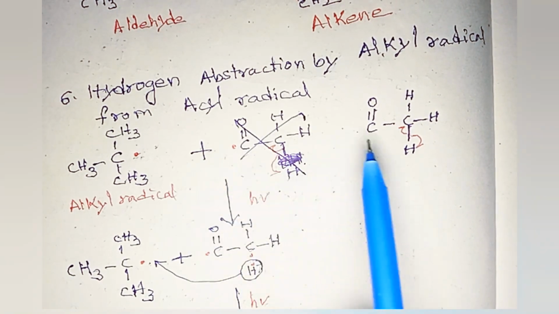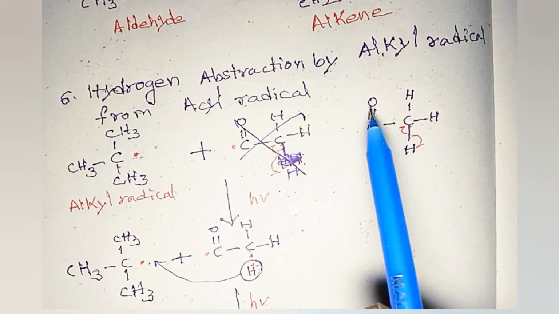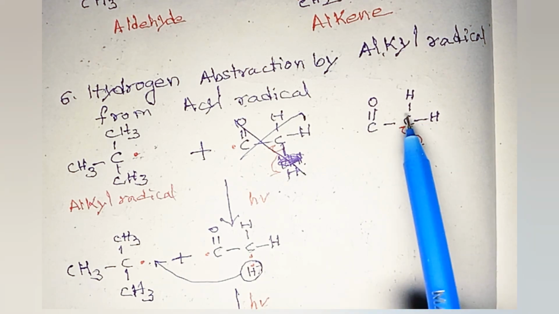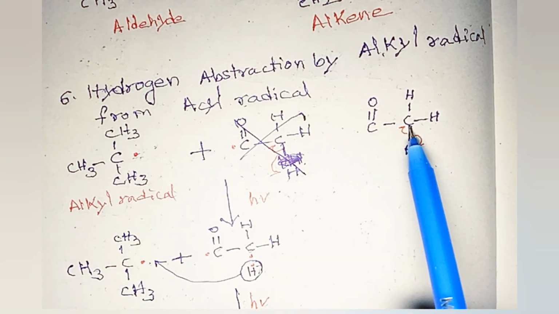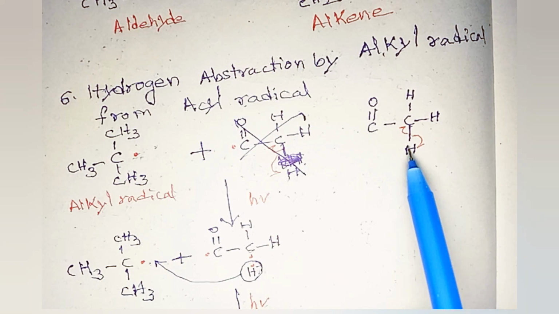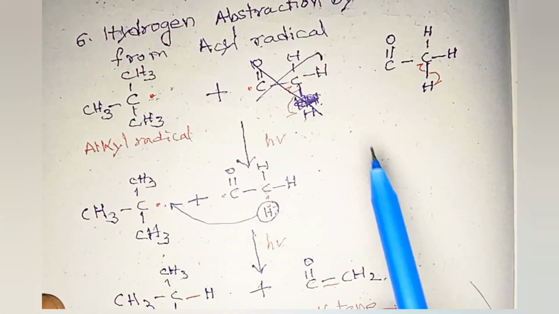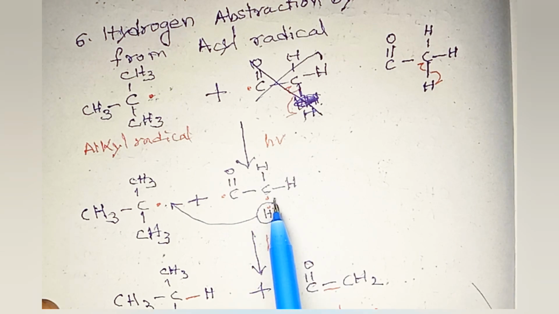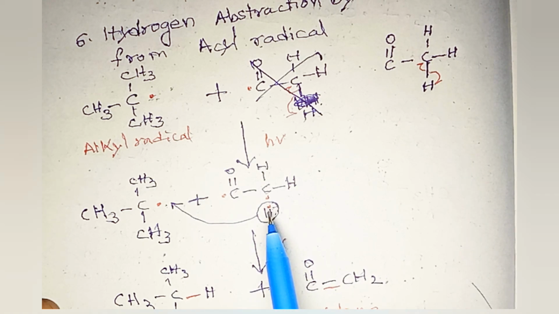It will get hydrogen from the acyl radical, C double bond O single bond C H H H. The bond between this carbon and hydrogen cleaves. As a result, we get two radicals, one radical on the carbon atom, one radical on the hydrogen atom.